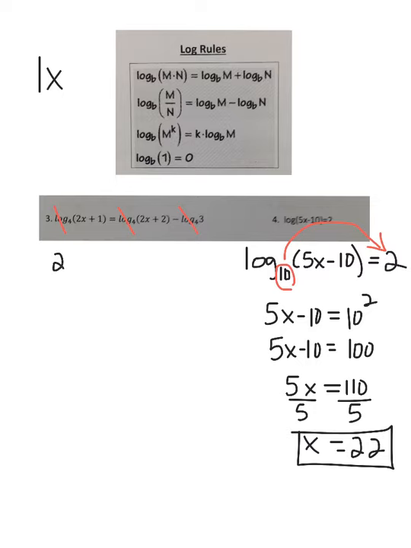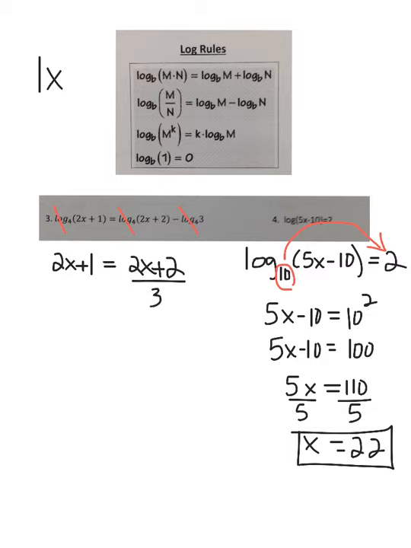So we're just going to write 2x plus 1 equals, and here we go. See how we have a minus sign? Remember what I talked about on that last question. Minus sign means division. So all you're going to do is write this term divided by this term. So you're going to write 2x plus 2 divided by 3.